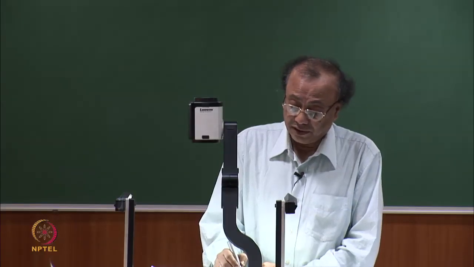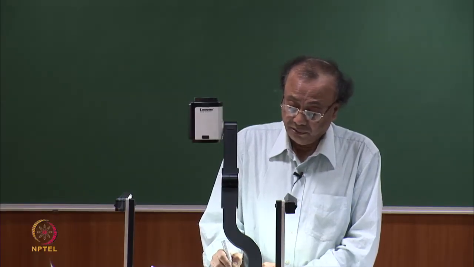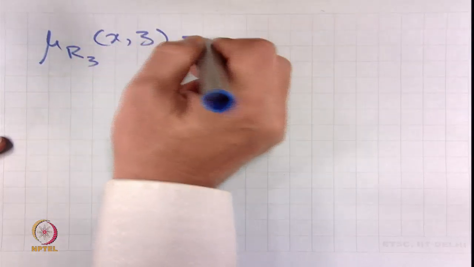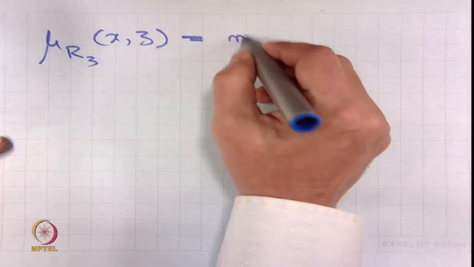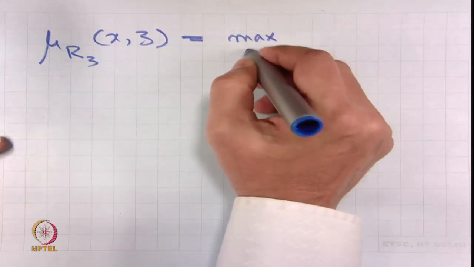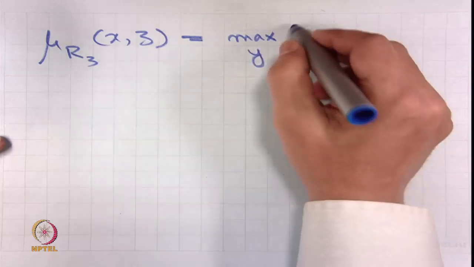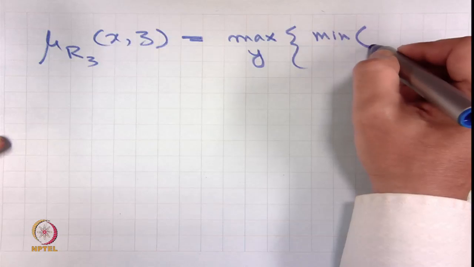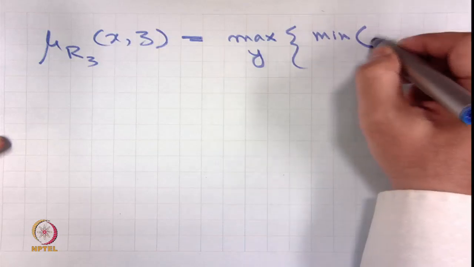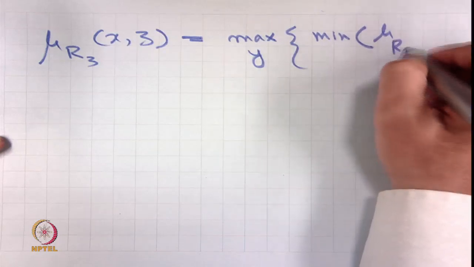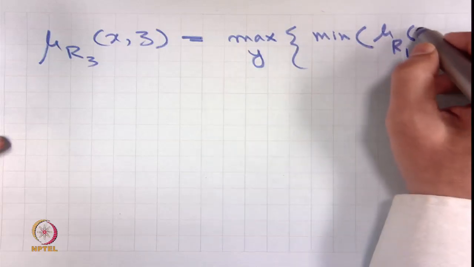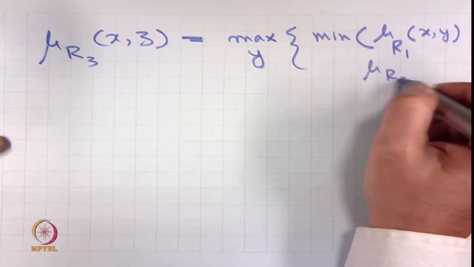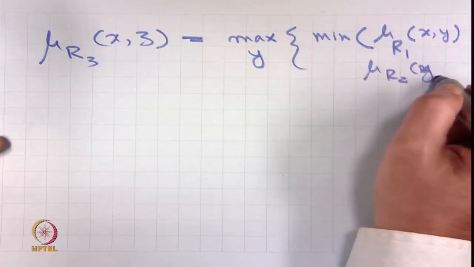And the formula for this is mu R3 of x z is equal to, again, maximum over y of minimum of mu R1 x comma y and mu R2 y comma z.